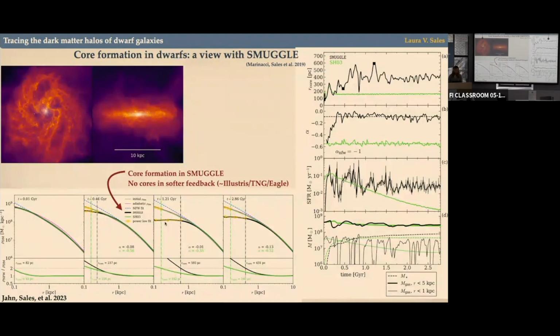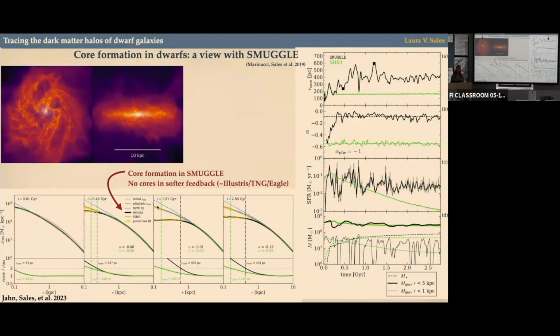And now if your modeling is something detailed and multi-phase, then you get a core at the center, accompanied by, for example, a star formation rate that is quite, let's call it bursty, but that is changing, fluctuating with time. But now in the exact same halo, you just put something of the more traditional Springel and Hernquist model that will form your stars, but will not give you a lot of outflows unless you put them by hand. So the star formation rate will look without variations, right? It's much more constant. That preserves the cusp in the inner regions.